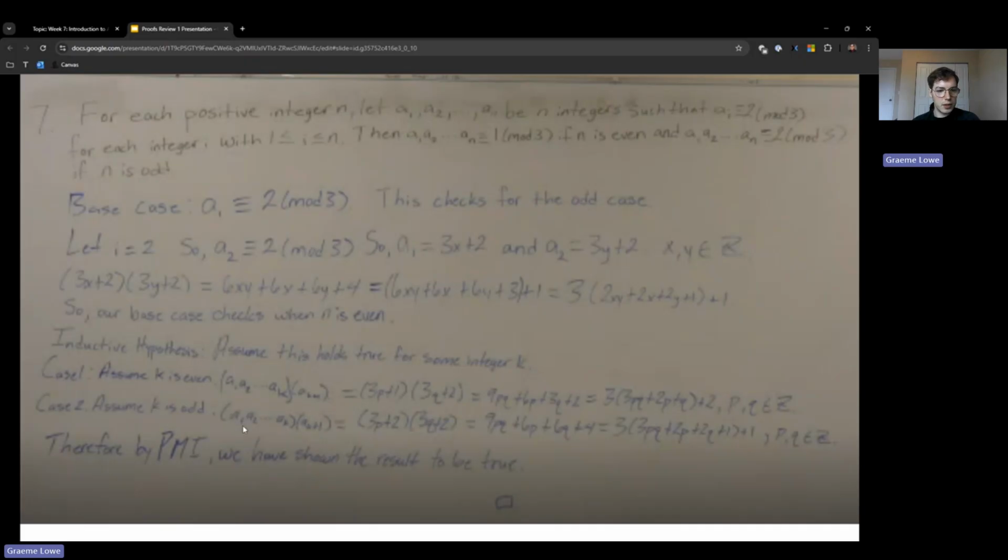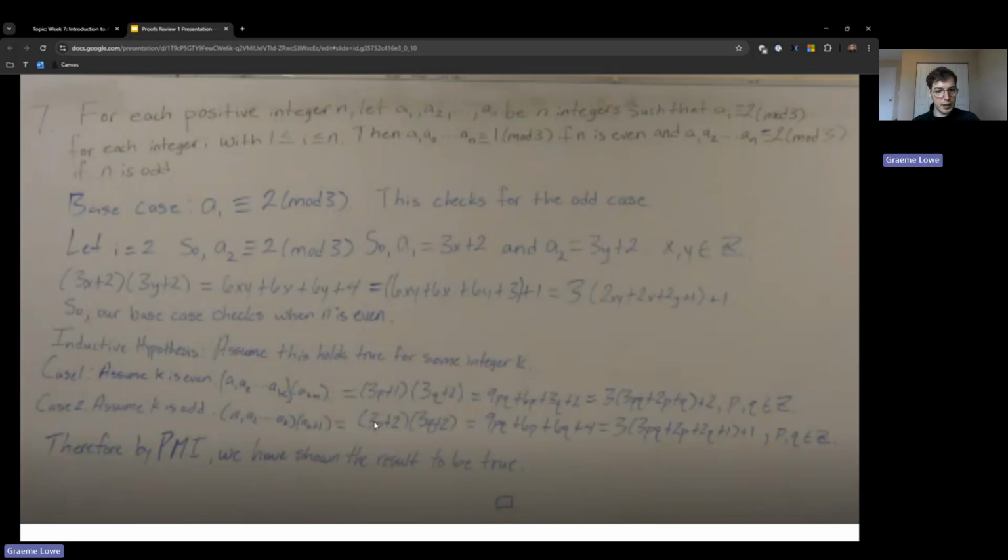When we do our multiplication here, we have a similar form, but when we substitute this time, k plus 1 will still be 3q plus 2, because it's just another element of the series, and each element is 3 times an integer plus 2. But this multiplication here, since k is odd, is actually of the form 2 mod 3, because we said up here in the result, if n is odd, it's of the form 2 mod 3.